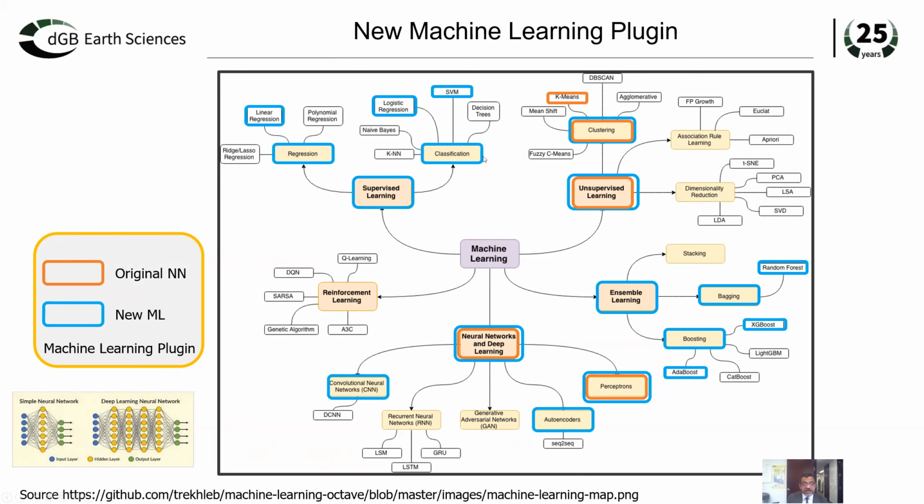The new machine learning plugin covers supervised learning in classification, logistic regression, linear regression, and polynomial regression. The same older work is still part of it. Then ensemble learning using bagging and boosting, random forest and XGBoost, which is the gradient boost, and the random forest. We'll show you some examples.